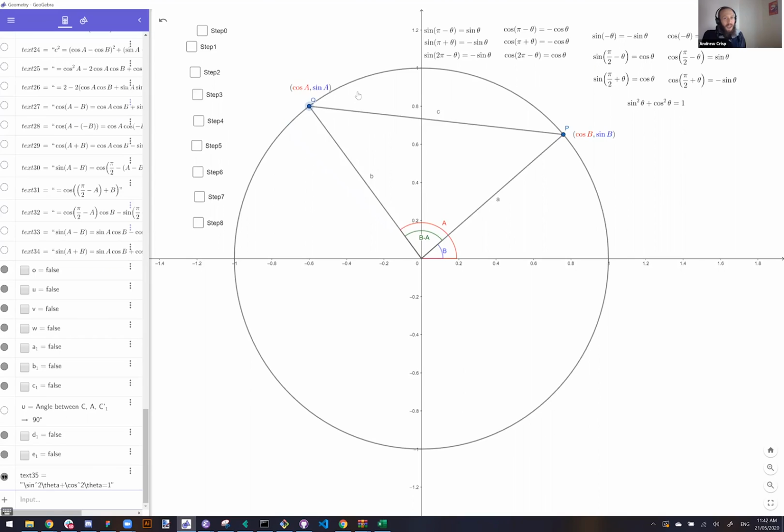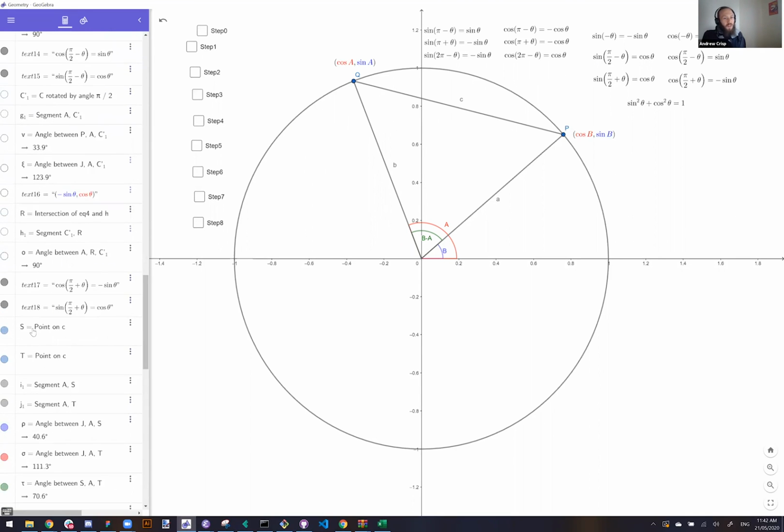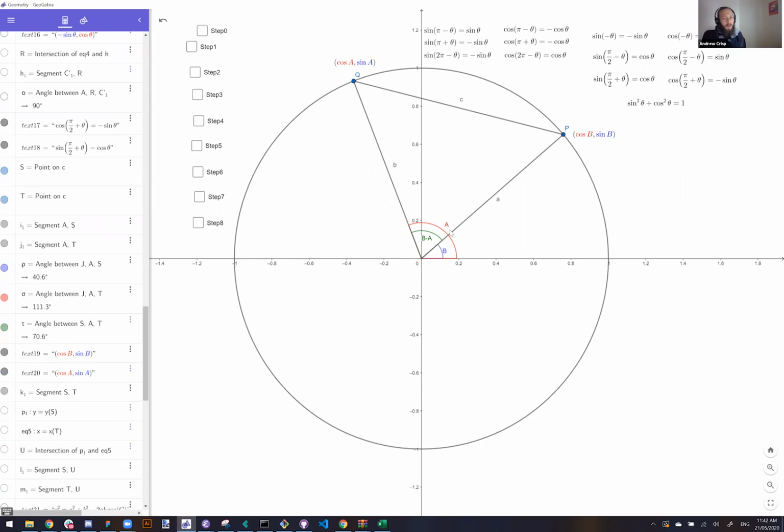The value that we happen to be interested in right now is the value of little c. The first way that I'm going to calculate the value of little c is by using the cosine rule. Let me just turn off little b, big B and big A.